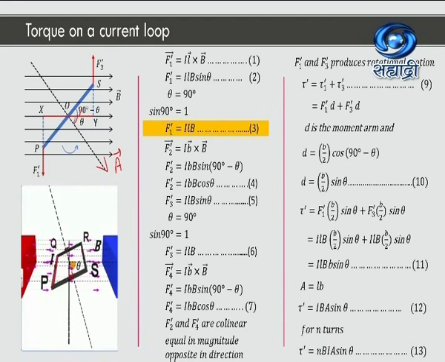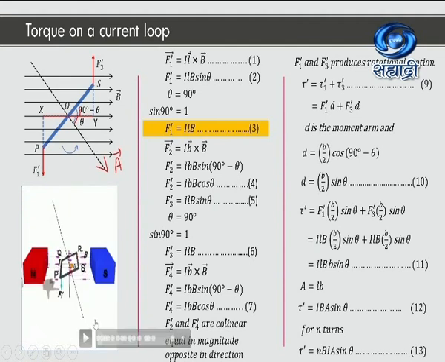The direction is obtained by Fleming's left hand rule. Applying Fleming's left hand rule, you can see in the diagram, the forefinger is in the direction of the magnetic field, the middle finger as far as PQ is concerned is in the direction of current, and the thumb is directed downward. So F1 dash, by equation 3, is acting in the downward direction.